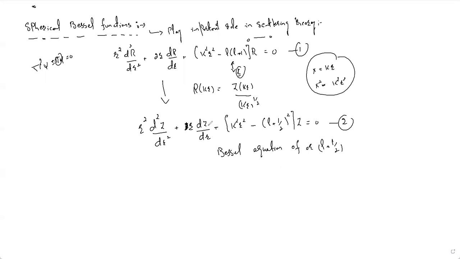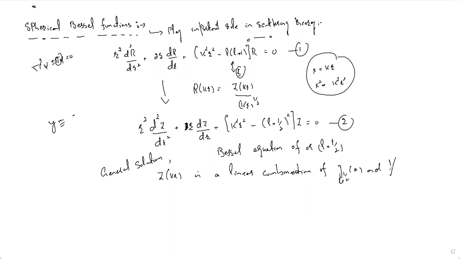Now, the general solution to this equation: since it is a differential equation in Z, the general solution Z of kr is a linear combination of J of l plus 1 by 2 of x, the Bessel function, and Y, the Neumann function, which is the second solution of the Bessel equation, of l plus 1 by 2 of x.